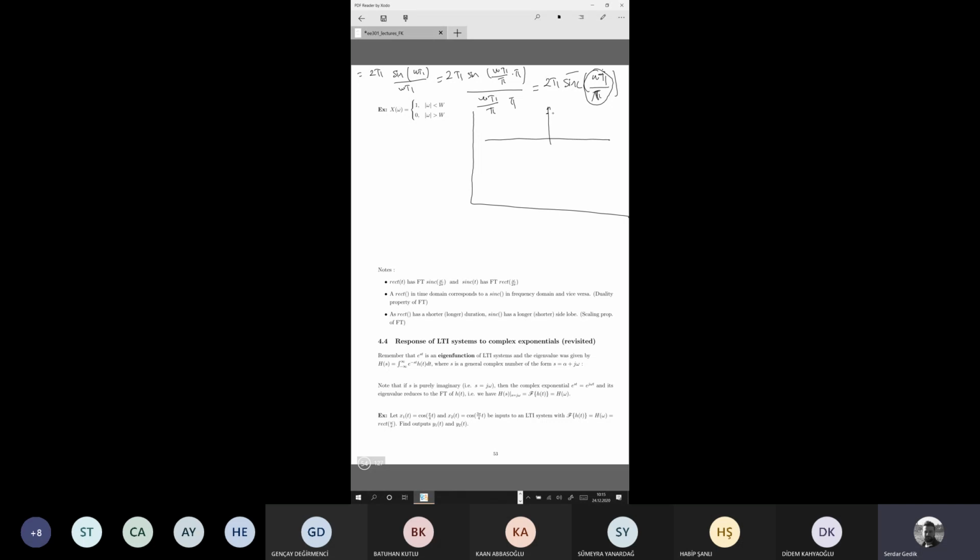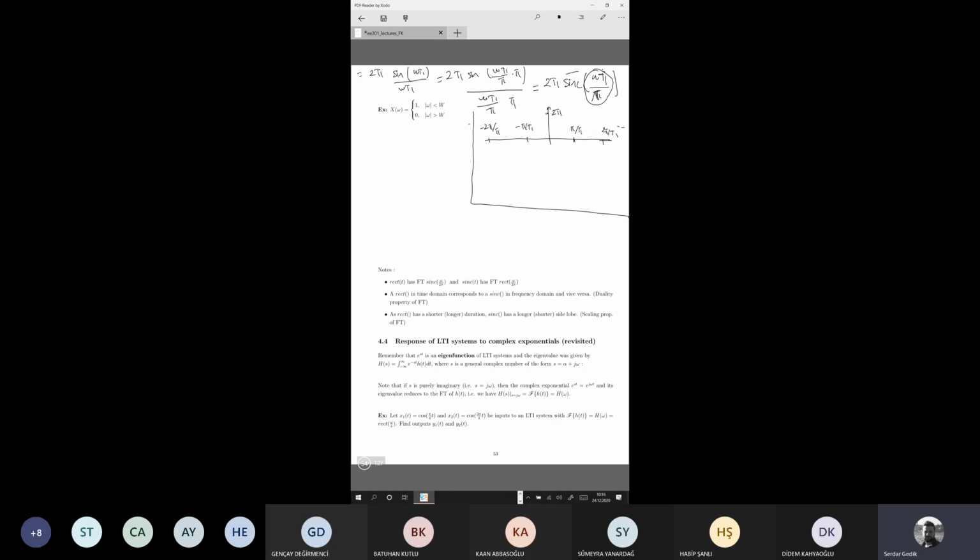At the peak, it is 2t1. And if omega is pi over t1, it is 0. If it is 2 pi over t1, it is again 0. And the same holds for the negatives, minus pi over t1, minus 2 pi over t1, and it goes on to infinity.